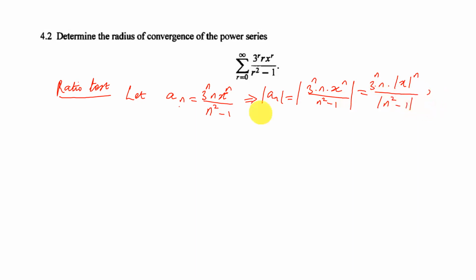So this is true, but not only that, it is true in conjunction with the a_(n+1) term. The a_(n+1) term is 3 to the power n+1 times n+1 times x to the power n+1, and you divide everything by (n+1) squared minus 1.